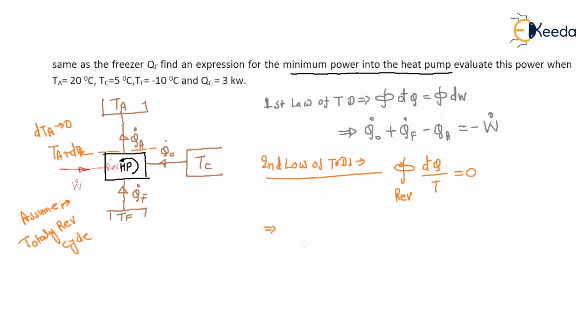So Q dot C by TC, positive, plus Q dot F by TF, also positive, minus Q dot A by TA is equal to 0. This is equation number one from the first law, and this is equation number two from the second law of thermodynamics.